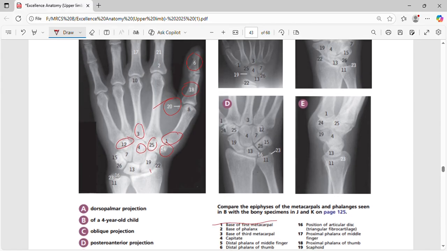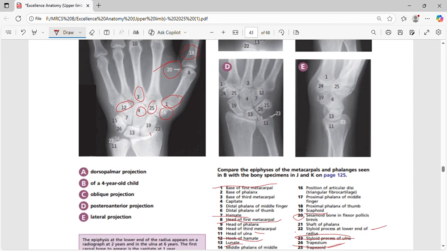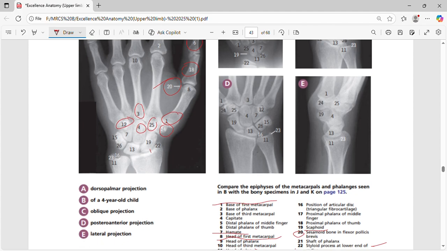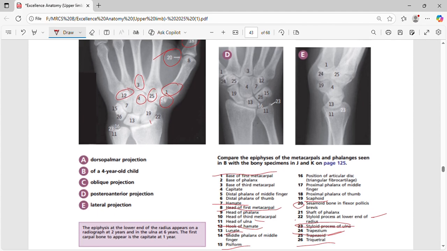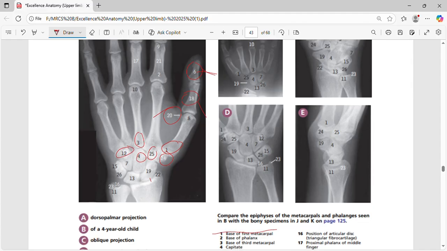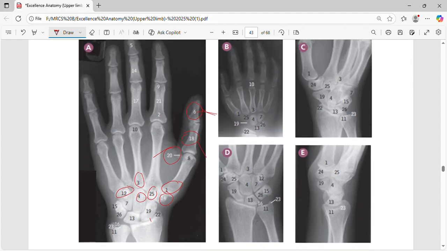On number 6 you can see the distal phalanx of the thumb, and number 18 is the proximal phalanx of the thumb.